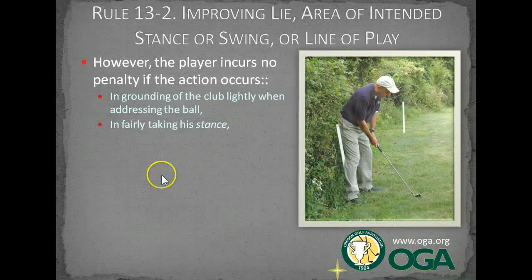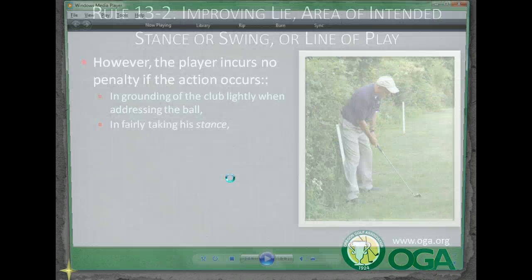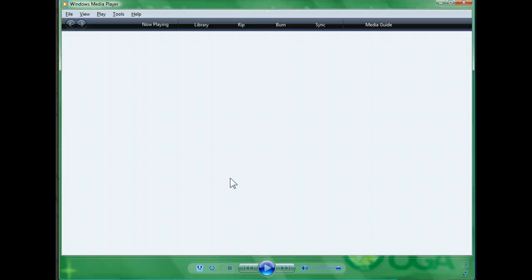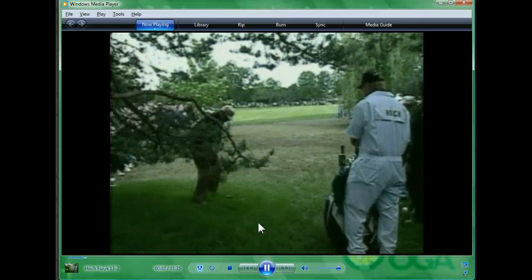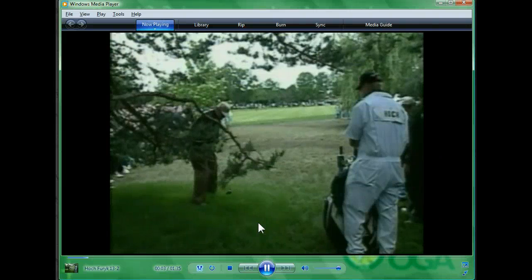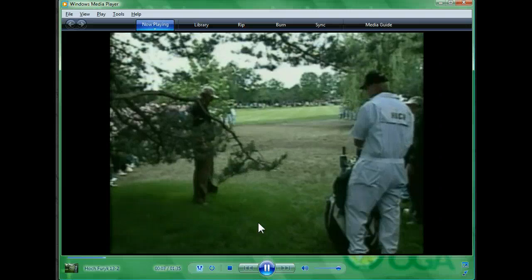So let's look at another video here, which will actually have an example of not finding the least intrusive course of action, which would result in a penalty, and then another player finding the least intrusive course of action and there's no penalty. So there's two players here. This first one, what the player's doing right now would actually be okay. If he played a stroke like that, that'd be okay in the rules.